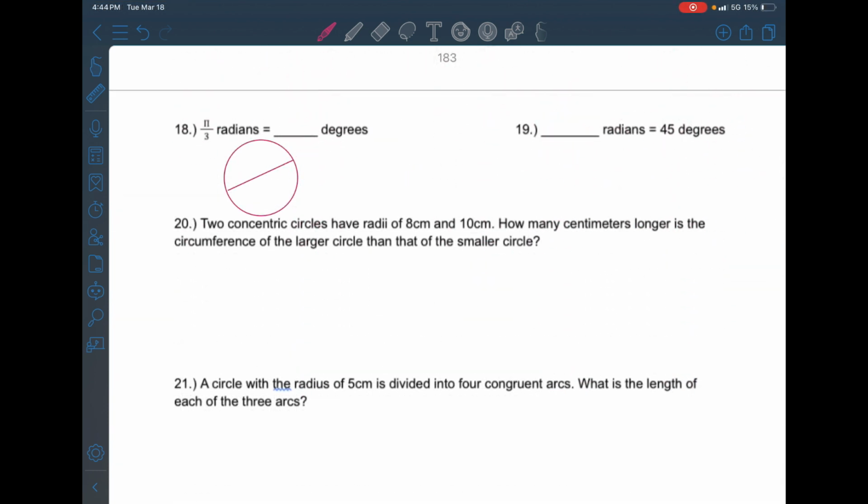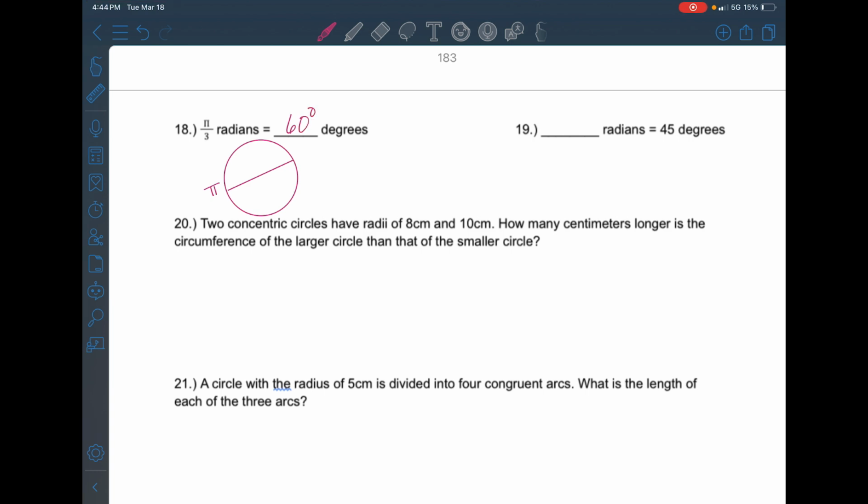It's that radius. If you remember from lesson 12 in unit 7, we did a bunch of degrees to radians, and it was a portion of the circle. We know that 180 degrees is pi radians, and then when we go 360 degrees, that's 2 pi radians. So pi over 3 from that list was 60 degrees.